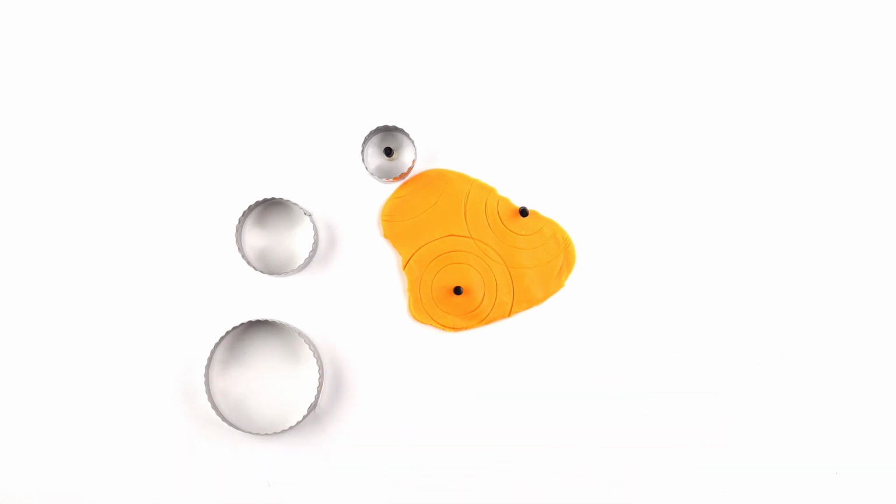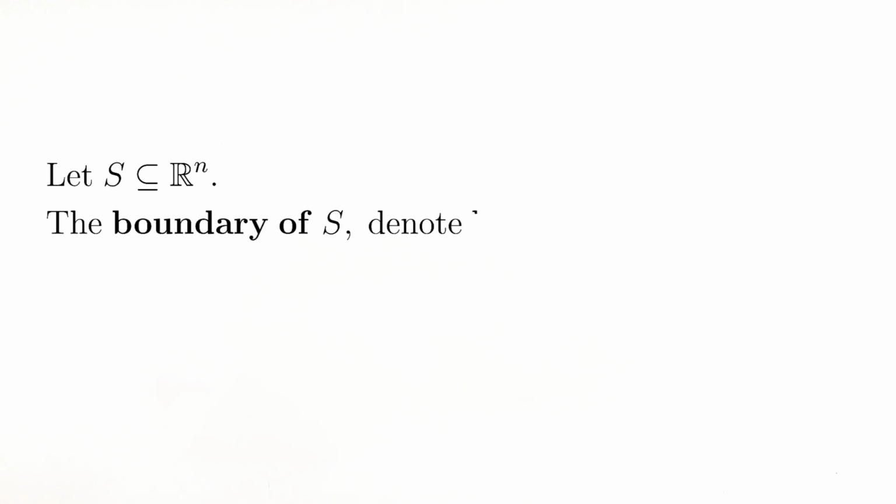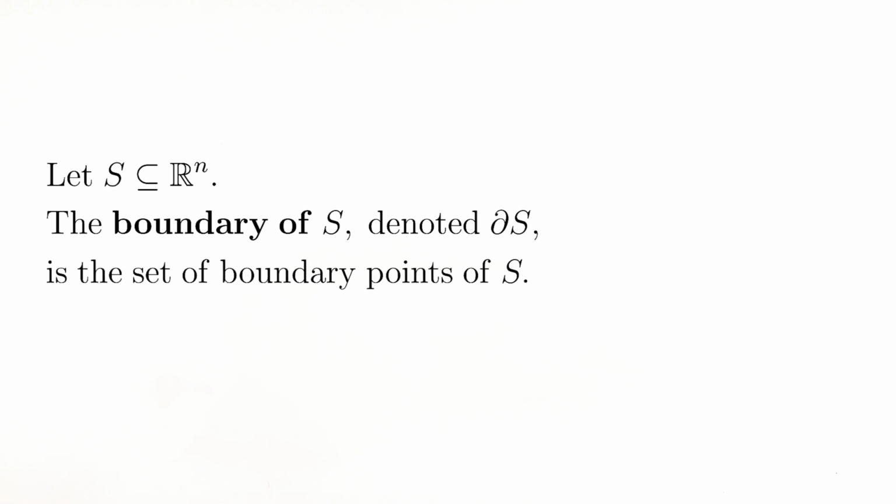These examples suggest that we can formally define the concept of edge. Let S be a subset of n-dimensional space. The boundary of S, denoted del S, or also called partial S, is the set of boundary points of S. How does this apply to our mango?